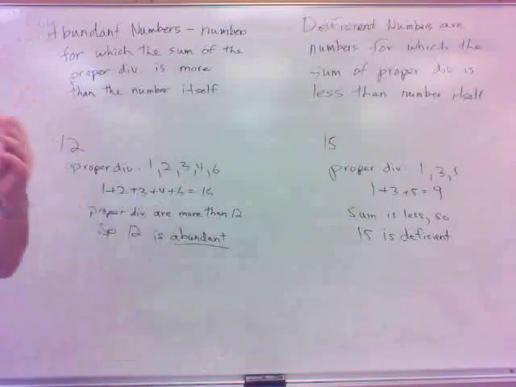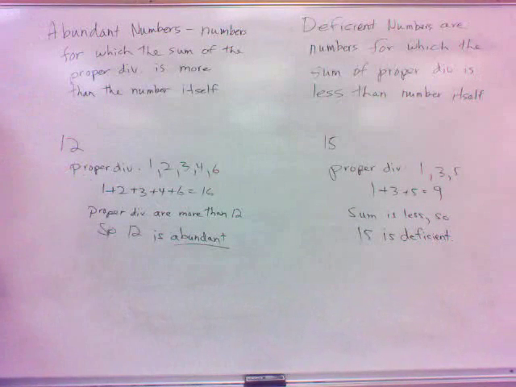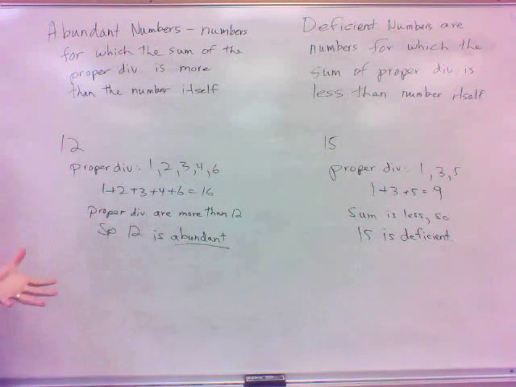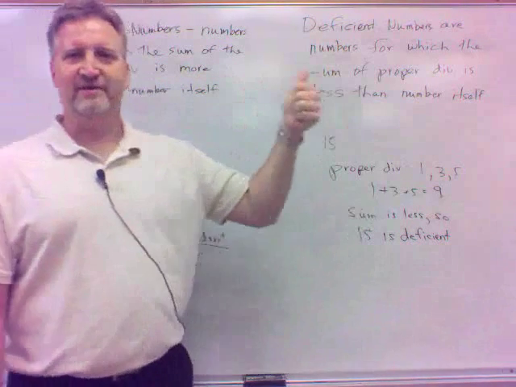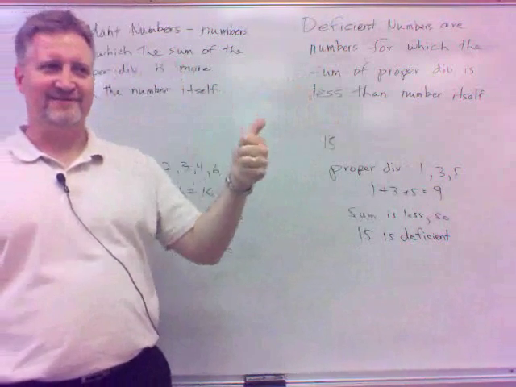Now, I picked 15, but if you think about it, there's a group of numbers that we could pick out that would always be deficient. Can you think of what group I'm talking about? What group of numbers would always be deficient ones?